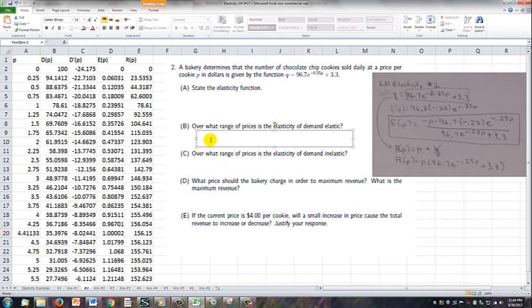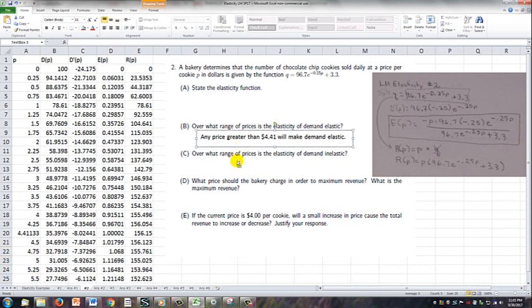So instead of writing particular numbers, the answer to the question over what range of prices, you would say any price greater than $4.41 will make demand elastic. In other words, anything greater than 441 is going to cause the revenue to go down. Okay. Any price, not specific prices. Don't look at these and write these down on your paper. That's what I'm trying to say.